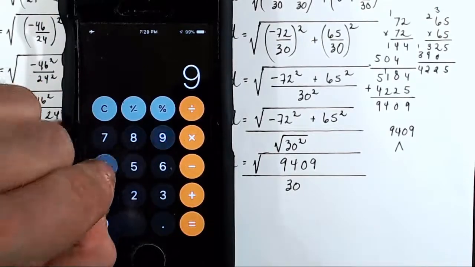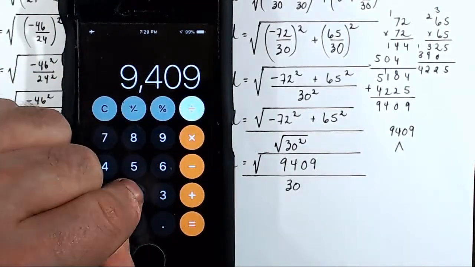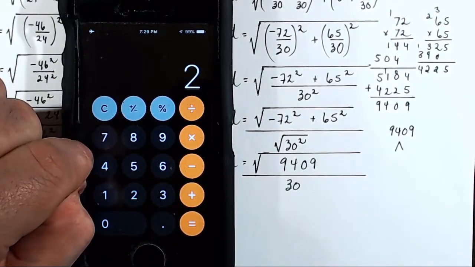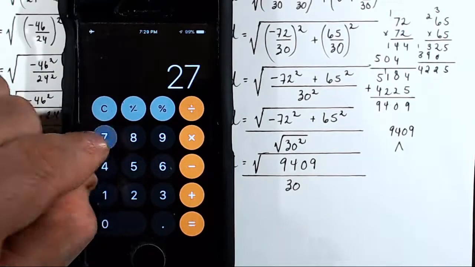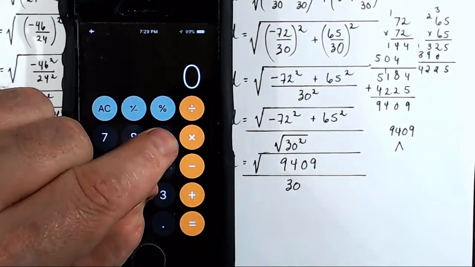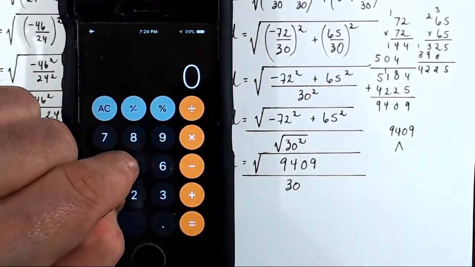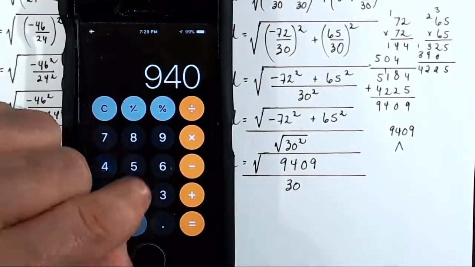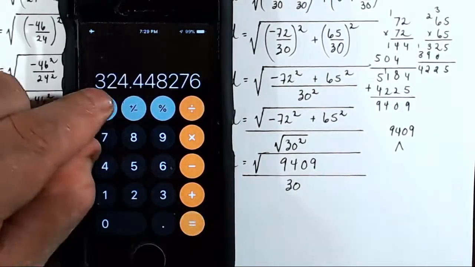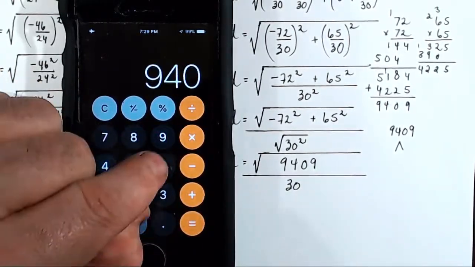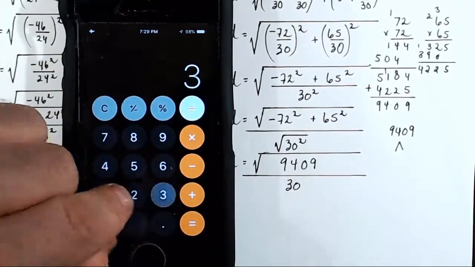9409 divided by 27. No. 9409 divided by 29. No. 9409 divided by 31.